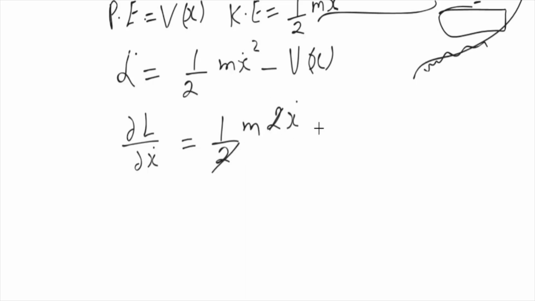This will cancel out and you will get m x dot. Now what is m x dot? It is just like mv, and mv is momentum. So it is good to remember that the partial derivative of the Lagrangian with respect to x dot is called the momentum.